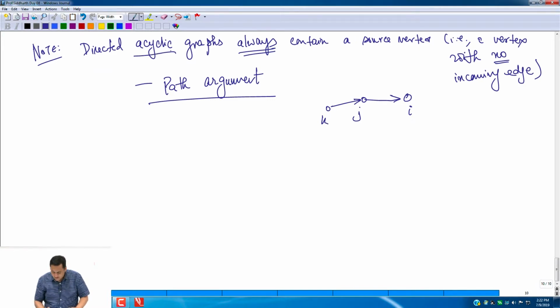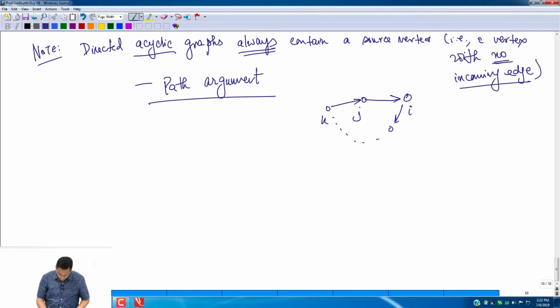The acyclicity means that at no point of time will you get back to I, because that would be a cycle. This cannot happen. There's a finite number of vertices. At some point, your efforts will succeed, hard work will pay off, and you will have reached a source vertex, a vertex where there is no incoming edge.